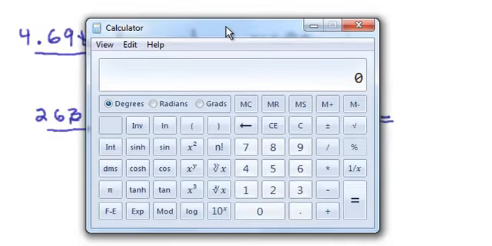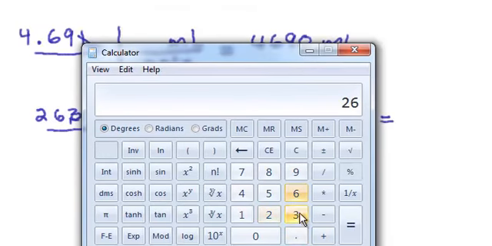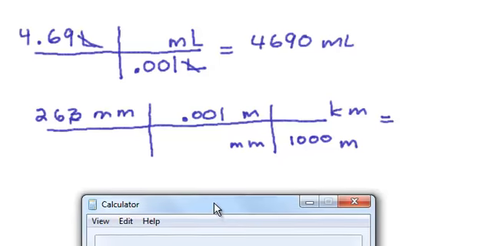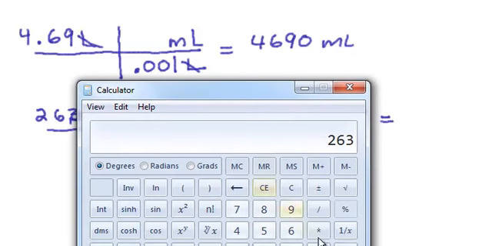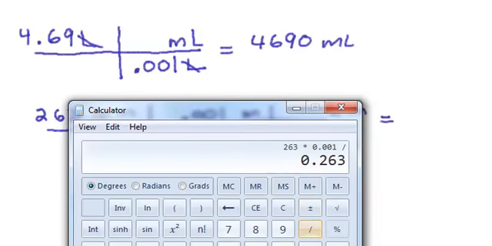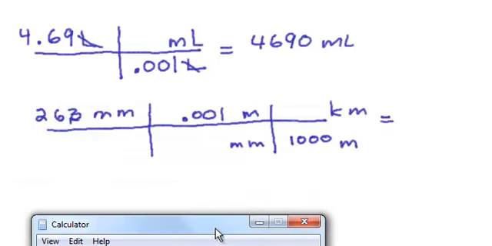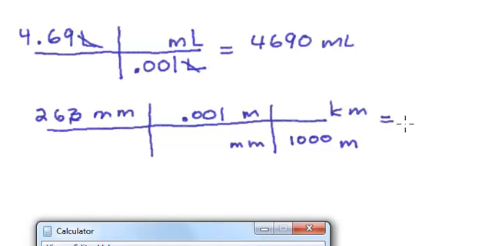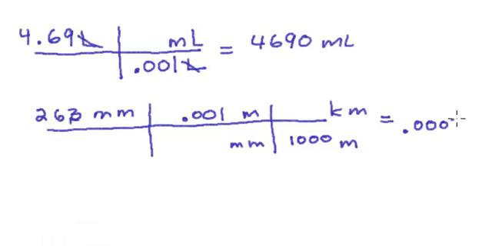So then I take 263 times 0.001 divided by 1,000, and I get 0.000263. It's probably nicer to write that in scientific notation.